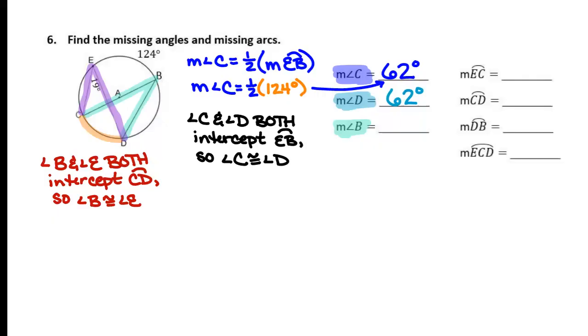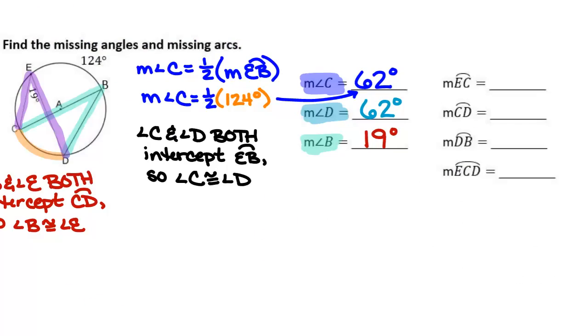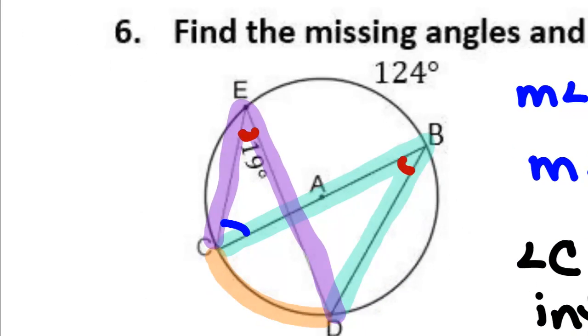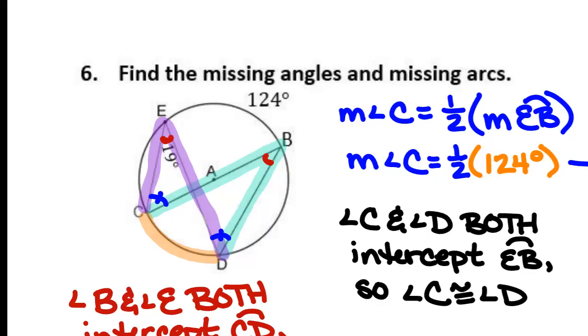How big is angle E? 19 degrees, right there. So if angles B and E are congruent, how big is angle B? 19 degrees. Angle E and angle B are congruent, just like angle C and angle D are congruent. Beautiful, beautiful, beautiful.